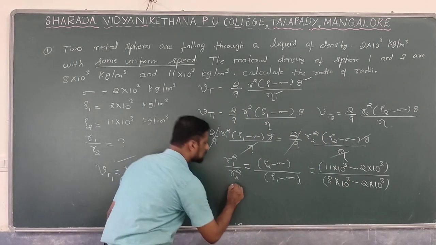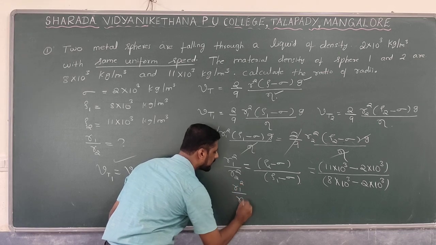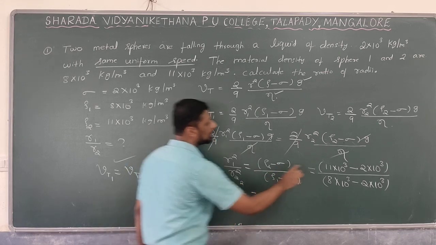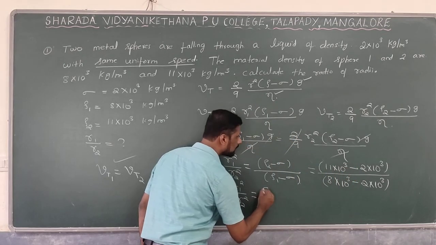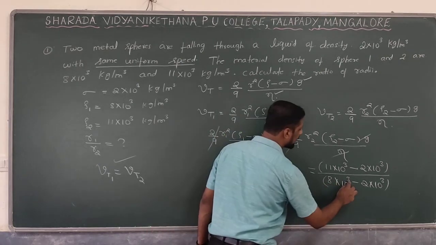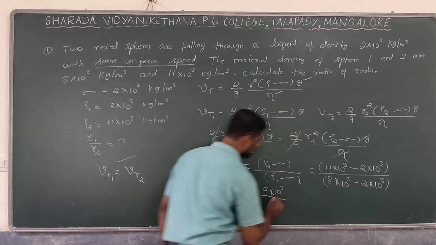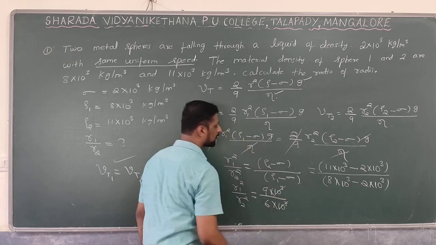Then it becomes r1 square divided by r2 square is equal to, take 10 power 3 common, 11 minus 2, 9. 9 into 10 power 3 divided by, take 10 power 3 common, 8 minus 2, 6. 6 into 10 power 3, 10 power 3 gets cancelled.